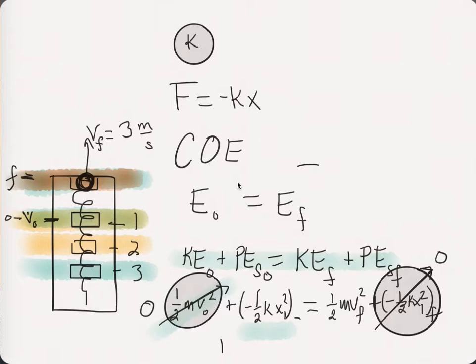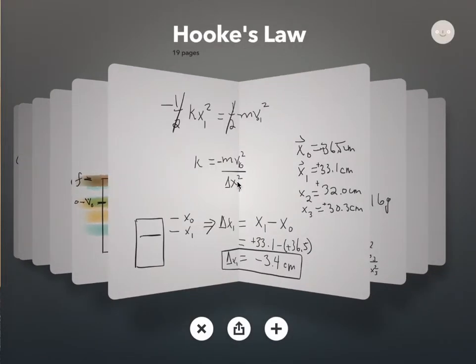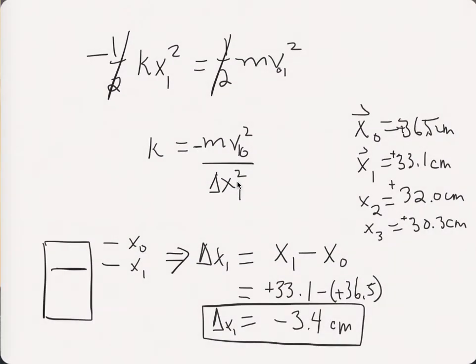And then once the ball is released, once we pull the trigger, you'll notice that we'll have a final velocity, and we know this final velocity based on the calculations that we did with the ballistic pendulum. So we also know that the spring will be back in equilibrium, and at equilibrium, x is considered 0, so that goes away. So we're going to use these ideas, and we want to solve for k.